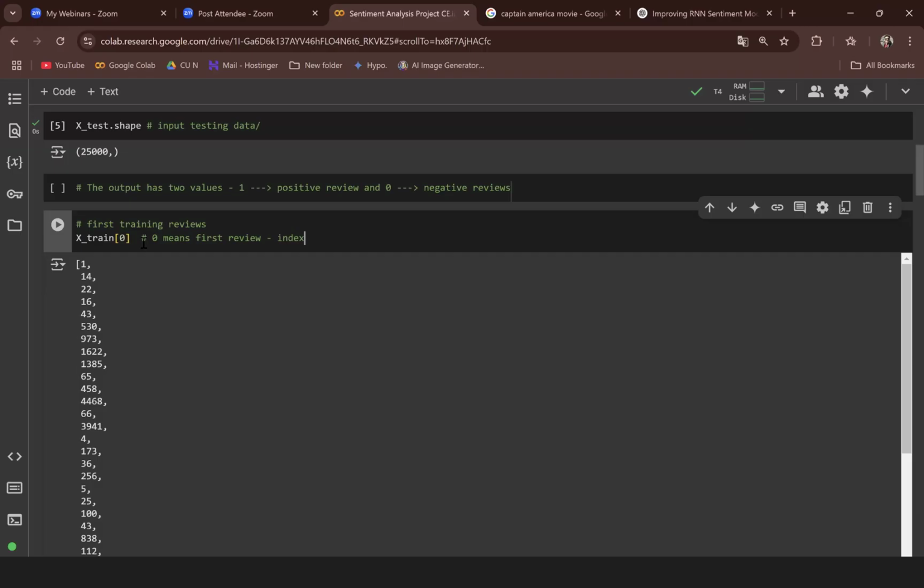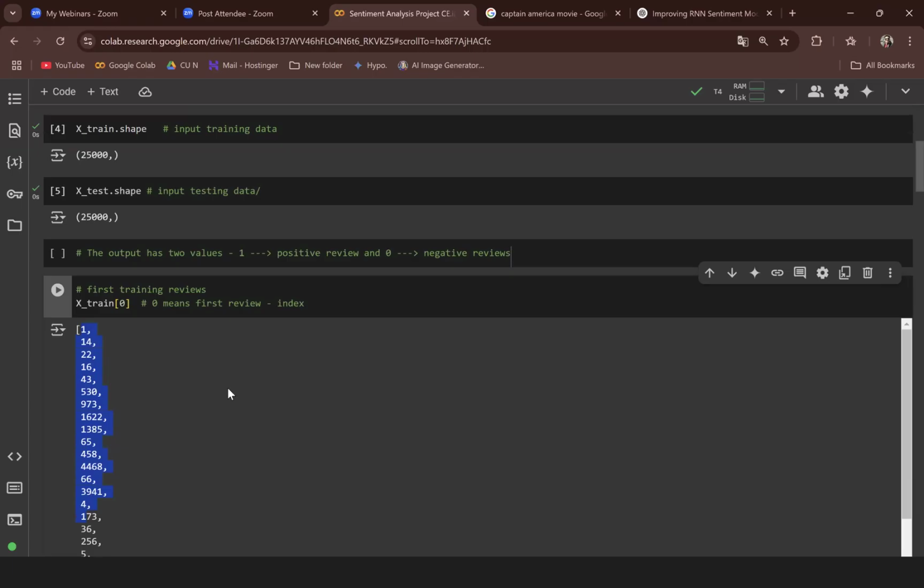Okay, so 0 is the first review, and these numbers are what? They are integer encoded numbers. We will discuss how this has happened, but this is integer encoded. Every word of the review got a number here. And then I think you took 1, right?